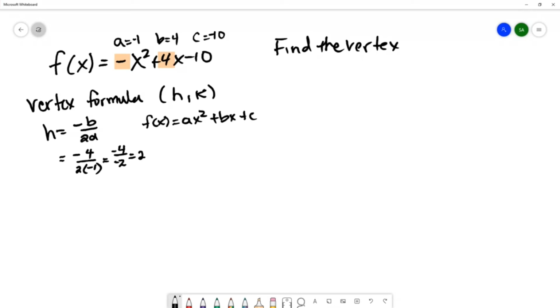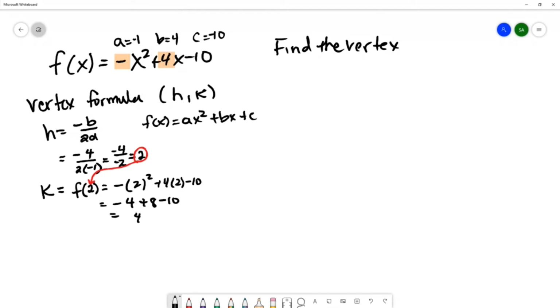Then we can find k, the y part of our vertex, by substituting that 2 that we just found into the quadratic function. That would give us negative 2 squared plus 4 times 2 minus 10. That's negative 4 plus 8 minus 10.